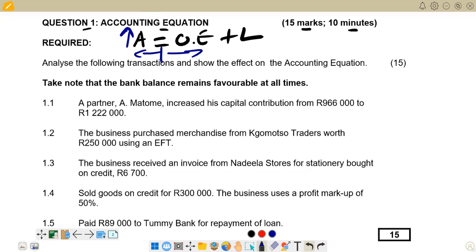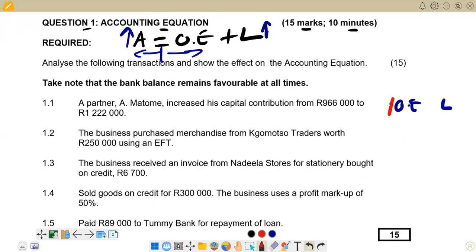When a transaction increases assets, and it affects the other side, either owners' equity or liabilities, we are also going to have an increase there. But if a transaction affects only one side, with one account in owners' equity and one in liabilities, we are going to see an increase and a decrease.